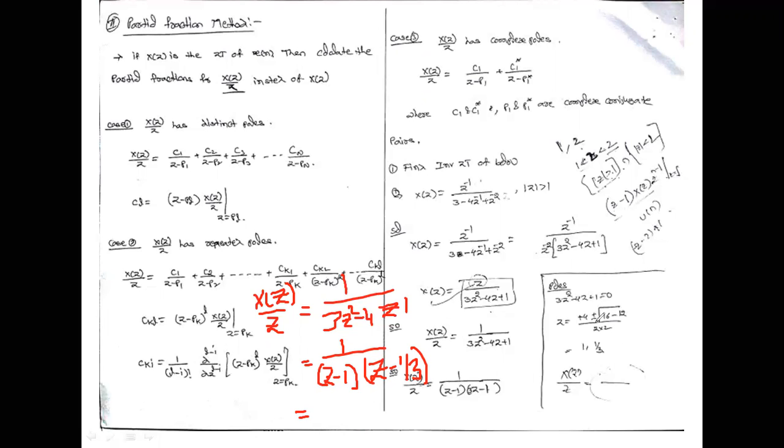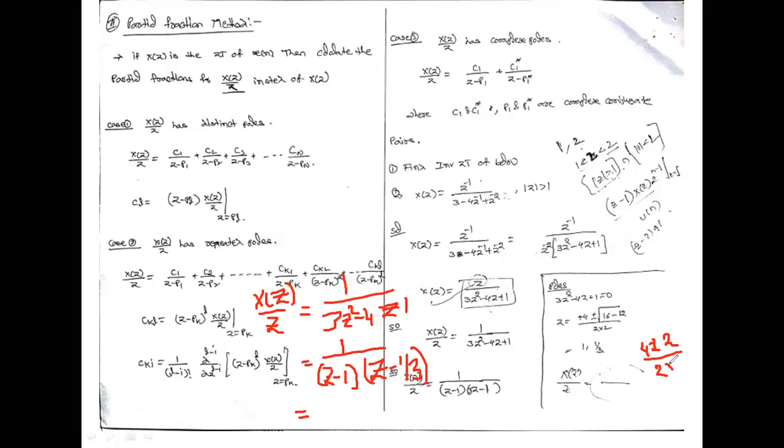First of all, you can see the minus 4 plus or minus 1, whole square, b square minus 4ac is 16 minus 4ac. 4a is 3, so 16 minus 12 is 4. Minus b is plus 4 here. The formula is minus b plus or minus square root of b square minus 4ac by 2a.